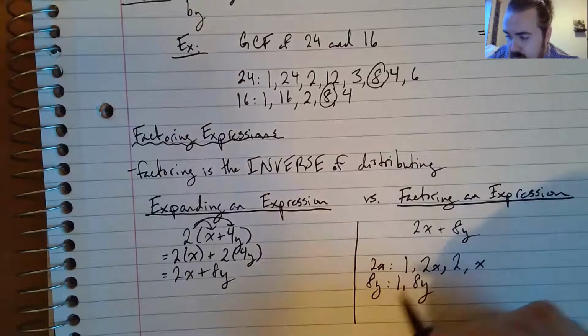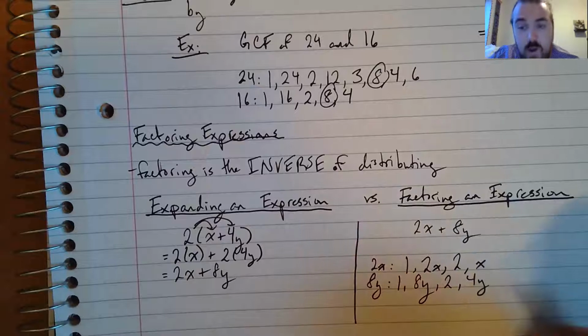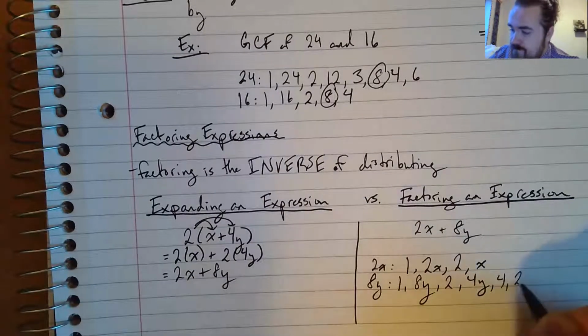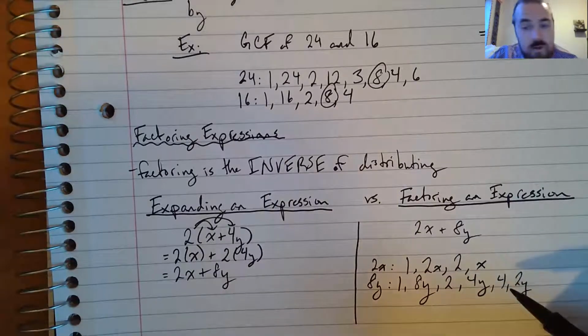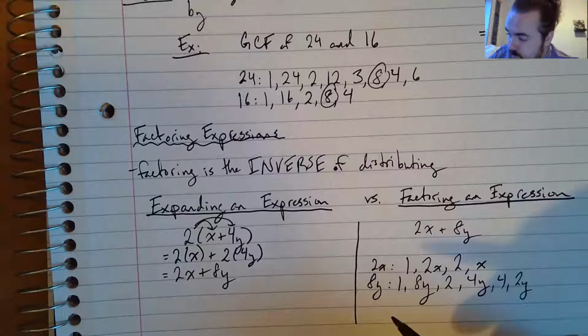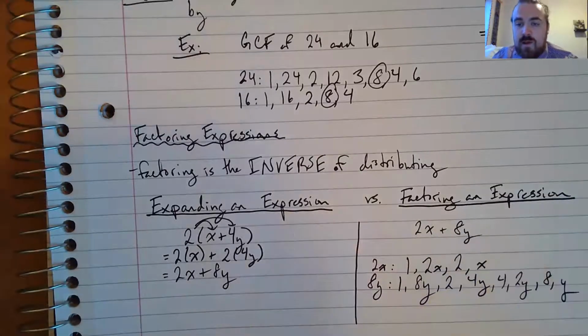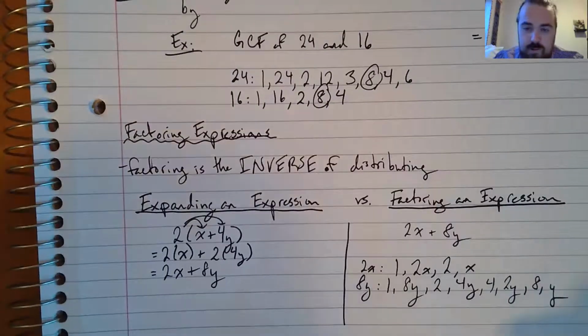Can be divided by 2. 2 times 4y. Can't be divided by 3. Oh, it can be divided by 4. 4 times 2y, not 5, not 6, not 7. Oh, look, it can be divided by 8. 8 times y.